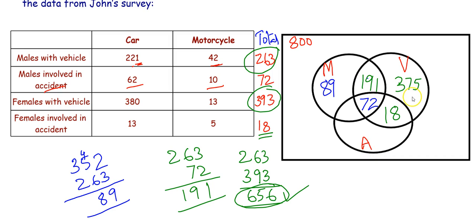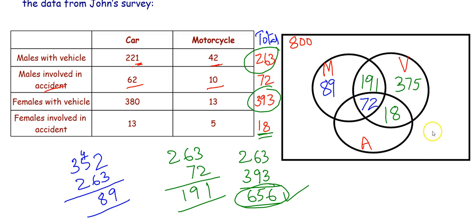And this 375 are the females and they were never involved in any accidents. That number 375 I can also verify by subtracting the accident number 18 from 393. 393 minus 18 gives me 375.